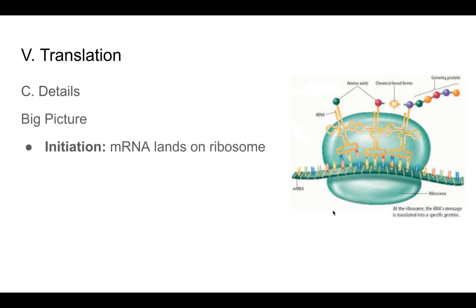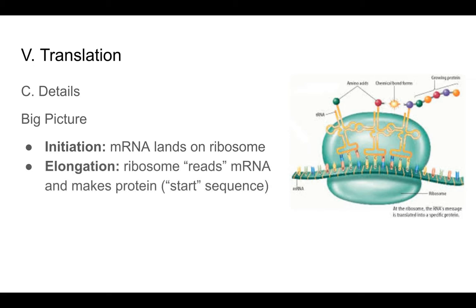For the details, we're going to take it in the same order. Big picture, we have initiation. In initiation, the messenger RNA is going to land on or encounter the ribosome. In elongation, the ribosome reads that mRNA and starts to facilitate the process of binding together amino acids to make a protein. There is a starting sequence involved.